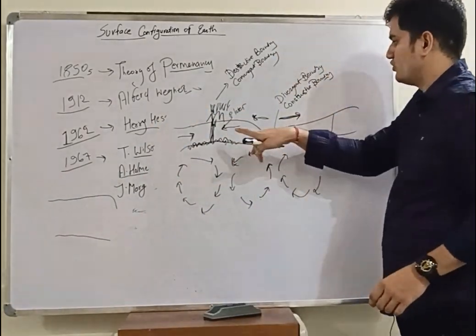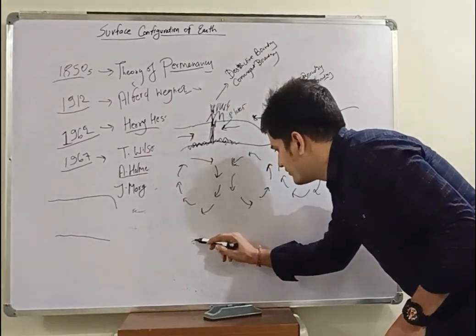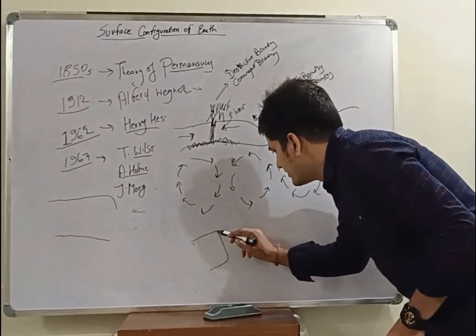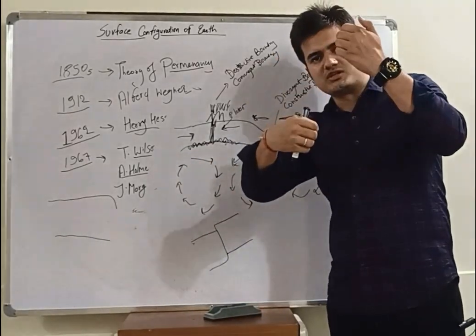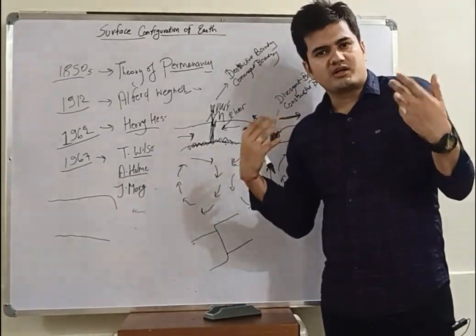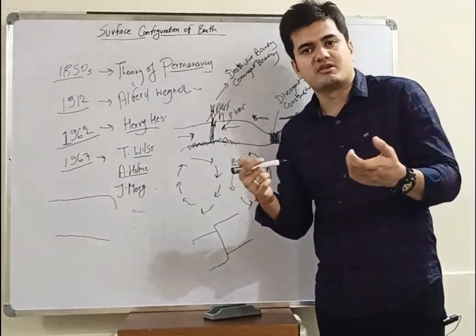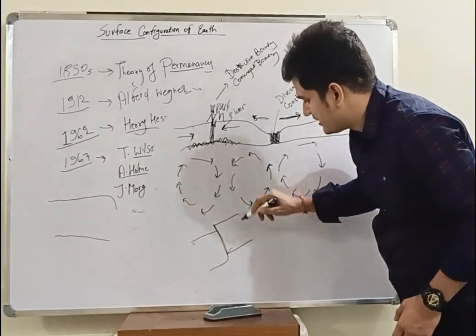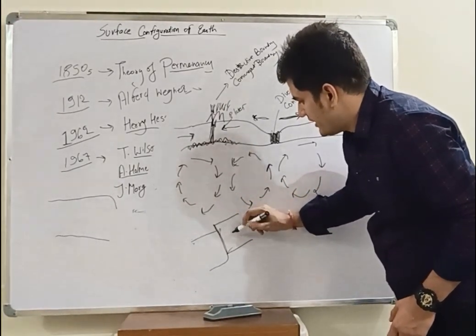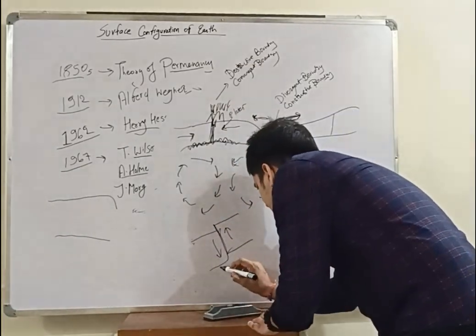So these are the two types of boundaries, and there is another kind of boundary which is called the transverse boundary, in which two plates are moving parallel to each other. Neither is a new crust forming nor is a destruction of the plates happening. So two plates are simply moving parallel to each other, and this is known as the transverse boundary.